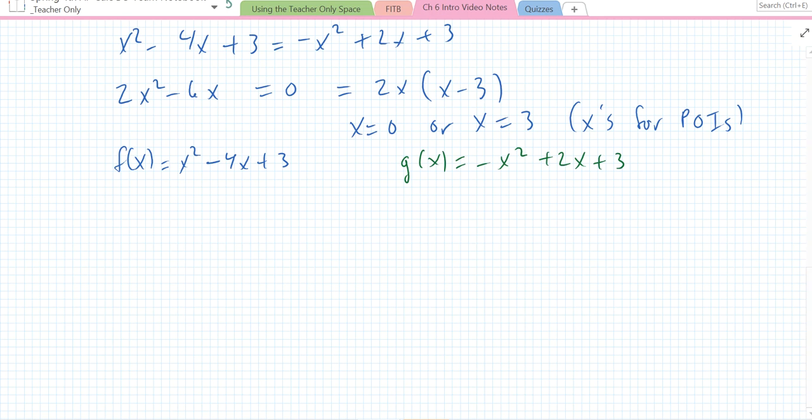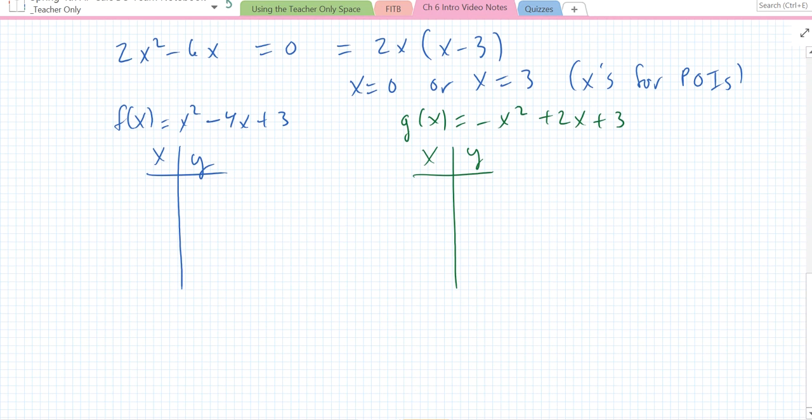And I'm going to make a little table, an x and a y table. And I know if I put in 0, I get 3 for both of them, which makes sense because that's a point of intersection.